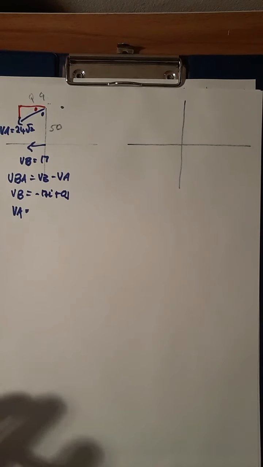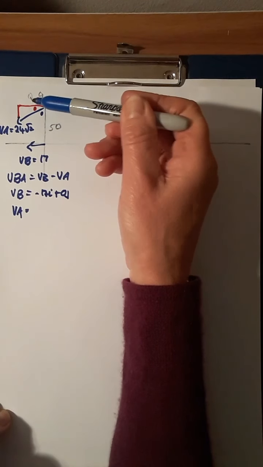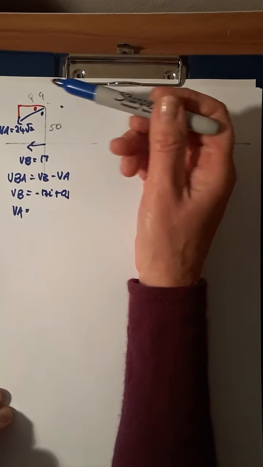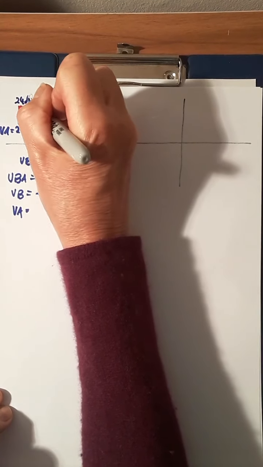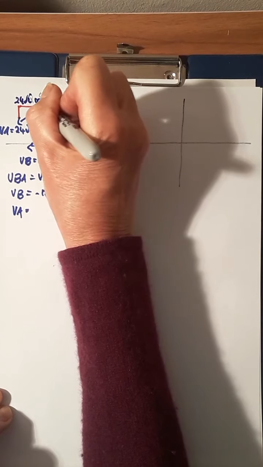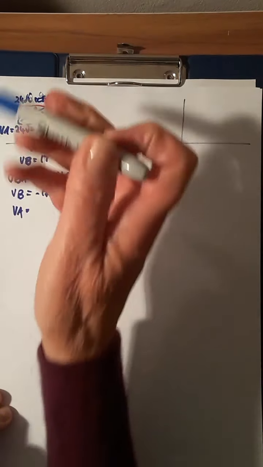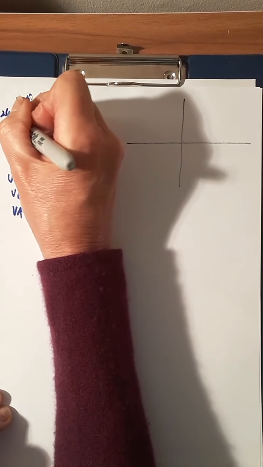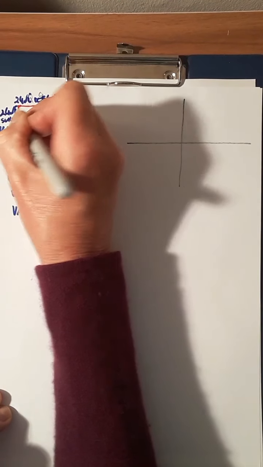Okay, so the I component, this one here, is the side that's adjacent to the angle 45. So this bit will be 24 root 2 by the cos of 45. And this component over here then will be 24 root 2 sine of 45.